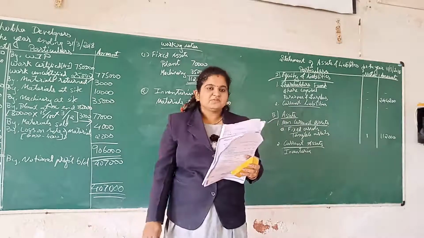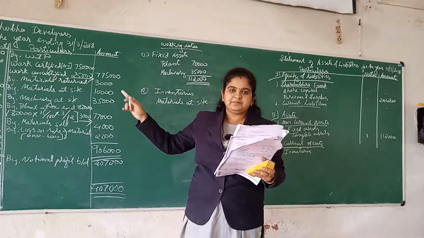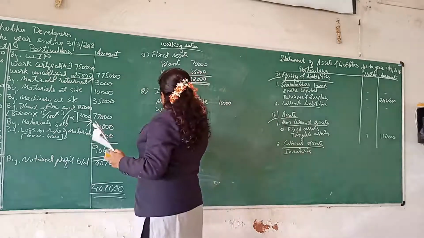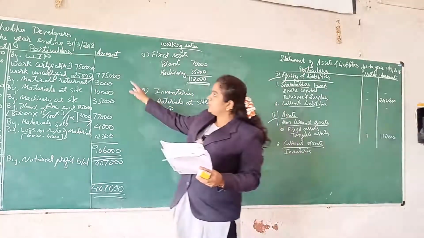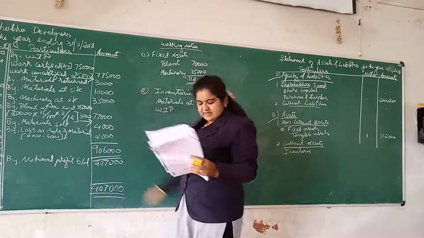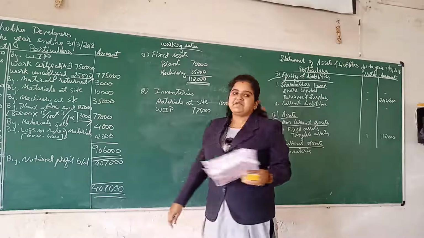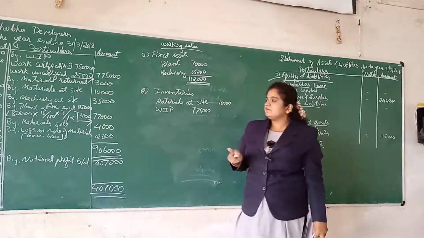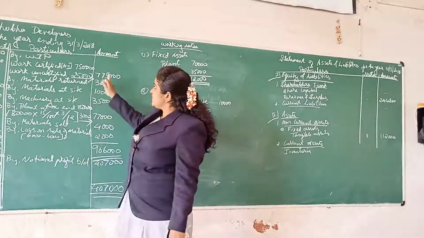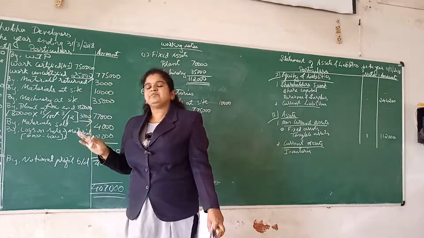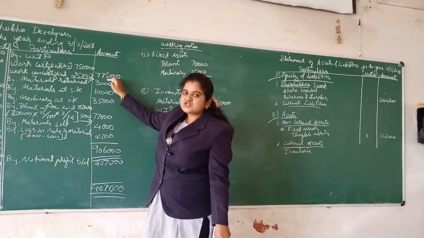Now apart from this, under inventories we will be showing work in progress. Now the work in progress amount is 7,75,000. From this we will have to deduct cash received. So 7,75,000 work is in progress. The whole amount is not received.